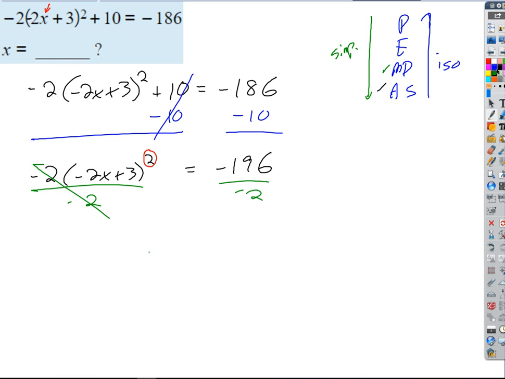Okay, what's that leave us with? Well, that leaves us with all this stuff gone. Now I've just got the quantity negative 2x plus 3 squared equals negative over negative is positive 98? 98? Okay, now what? Now I square root, right? To get rid of that guy, right?